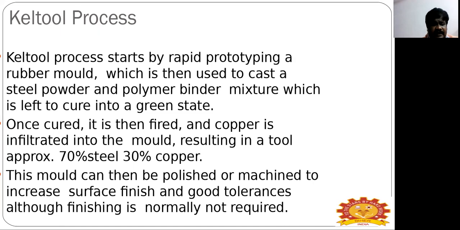Then we fire the green parts in a furnace in order to remove the plastic binder and sinter the metal particles together. Infiltrating the sintered particles means a 70% dense insert is infiltrated with copper in a second furnace cycle to fill the 30% void space. So we finish the core and the cavity.